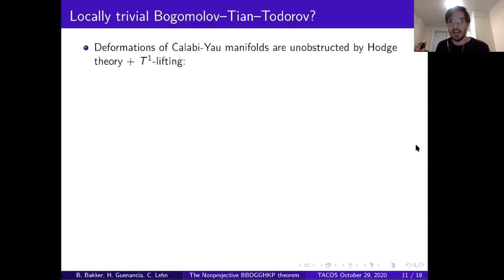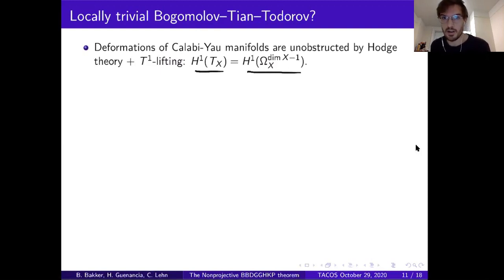The proof of that ultimately comes from Hodge theory via T1 lifting. The key insight is that the deformation space, if I'm talking about a Calabi-Yau manifold, can be identified with a certain piece of a certain Hodge structure. And therefore, when I deform, it deforms as a vector bundle. And by T1 lifting, that's enough to get unobstructedness.